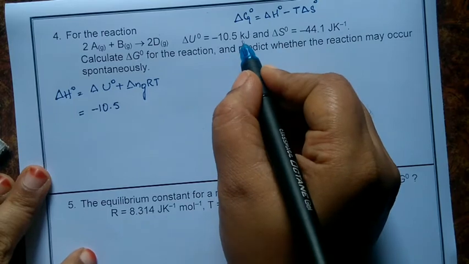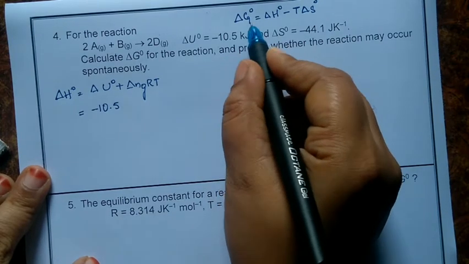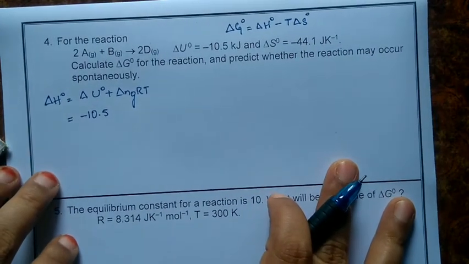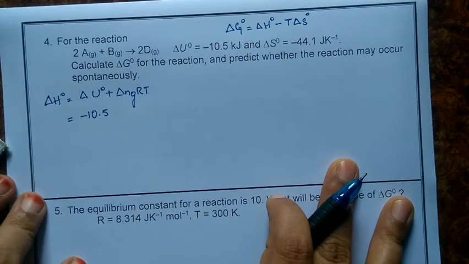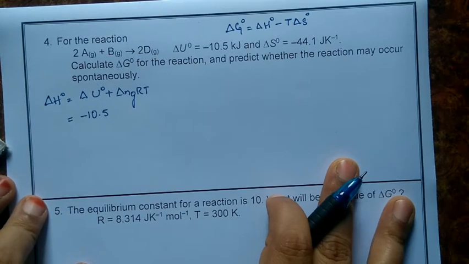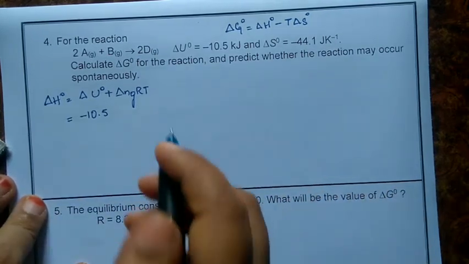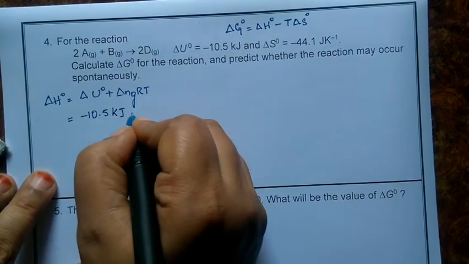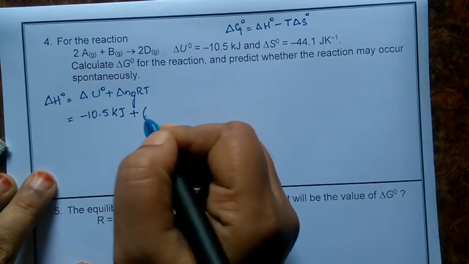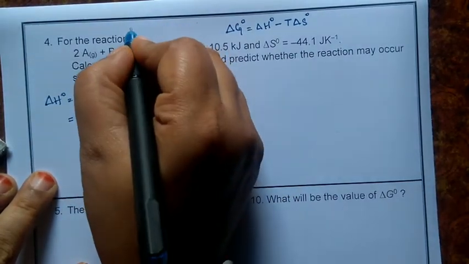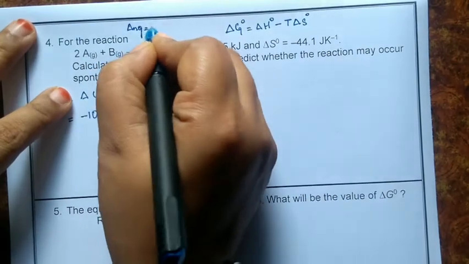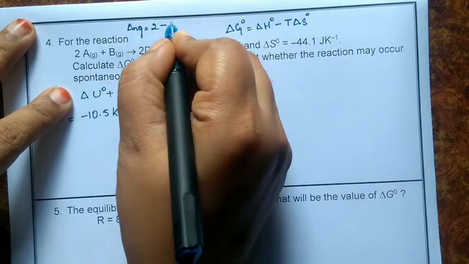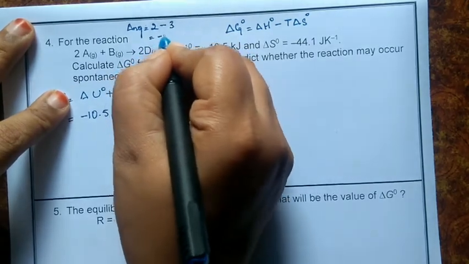The answer, whether delta G naught or delta H naught, should be in kilojoule only, so we are going to write everything in terms of kilojoule. Delta Ng is the number of moles of product, 2, minus 2 plus 1, 3, so that is equal to minus 1.